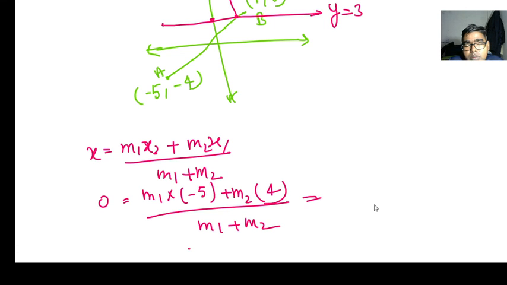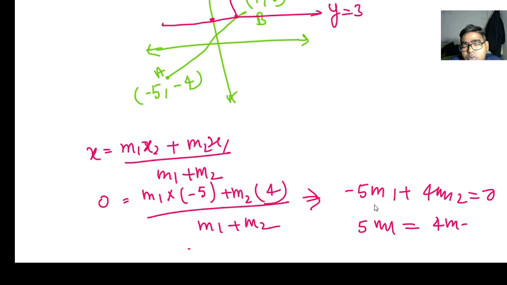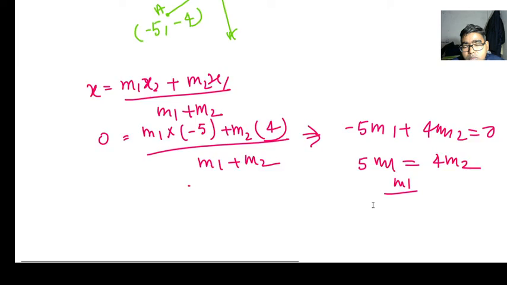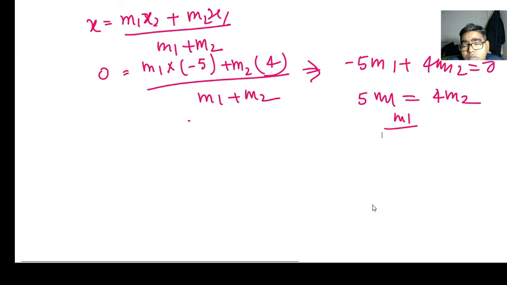Multiplying by that, 0 equals minus 5 m1 plus 4 m2, so m1 equals 4 m2.